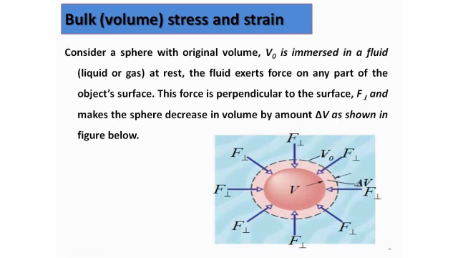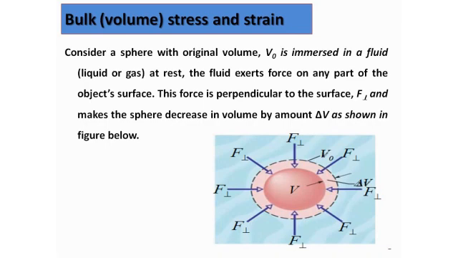The next one is the bulk, or you can say volume, stress and strain. What is that? Let us suppose there is a sphere, which has an initial volume of V naught, and it has been immersed in a fluid. This fluid may be either a liquid or a gas. Now this fluid is going to apply force over the surface of the sphere.